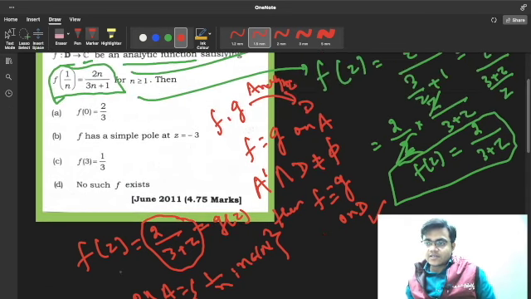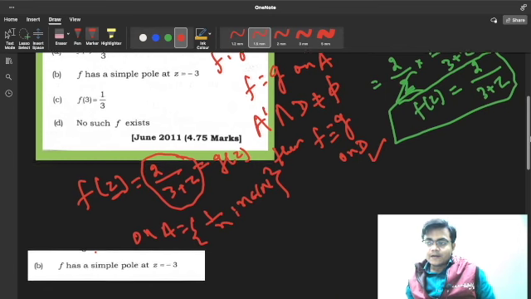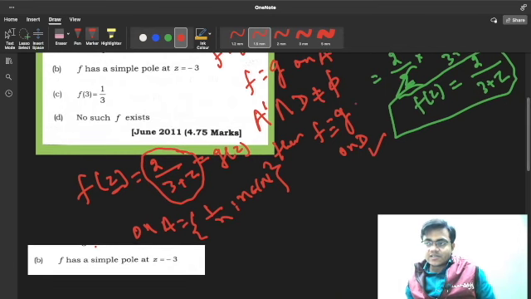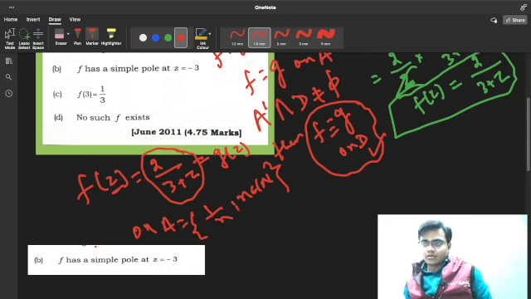Because if in place of z you put 1 by n, it becomes f of 1 by n, and in place of z if you put 1 by n, you get this again. So for z equal to 1 by n, f and g become equal to each other. Finally, f and g both are equal to each other on D. Both are identical on the domain. Certainly this is the thing.